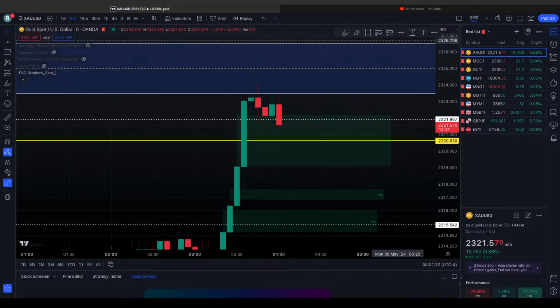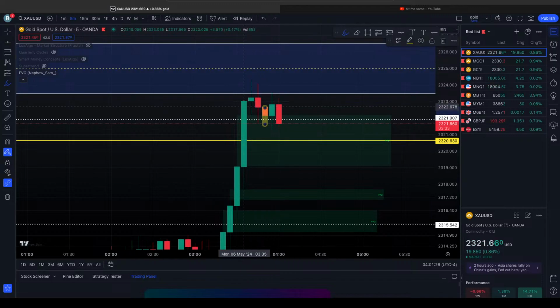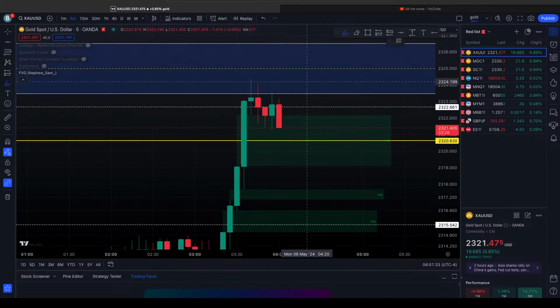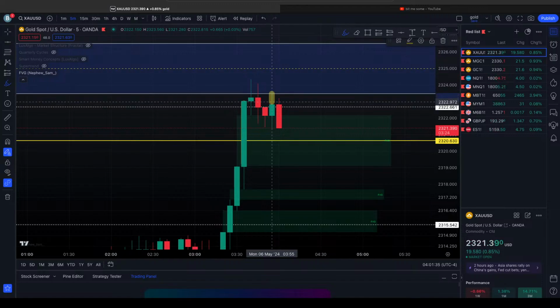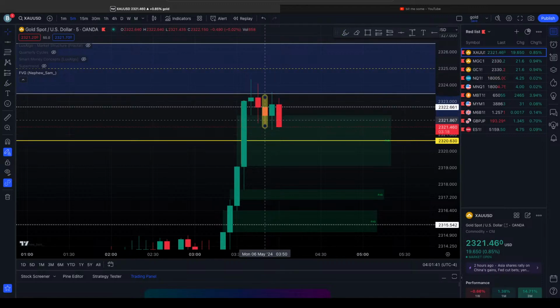And then as you can see, this candle didn't have a top wick, so that becomes the new high that I was expecting to need to be broken. So this next candle wicked up, so it needs to wick above this candle, but it also can't break this candle right here.